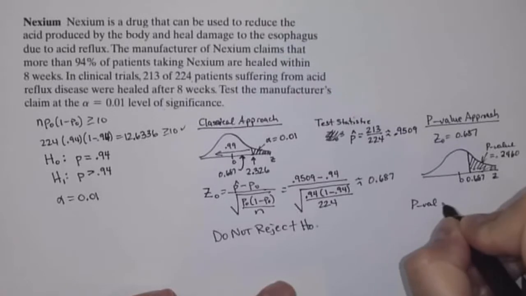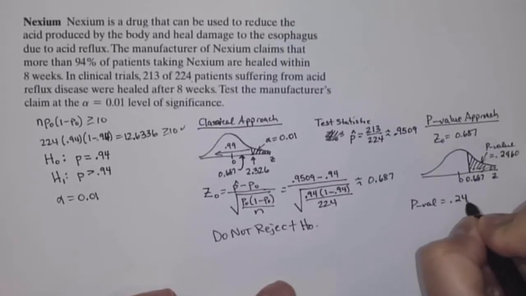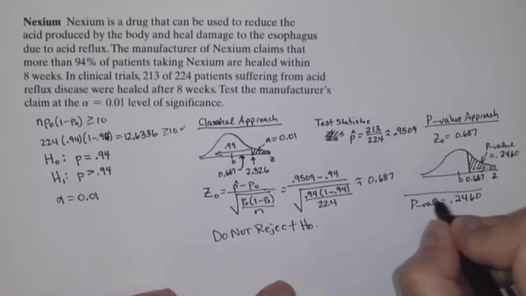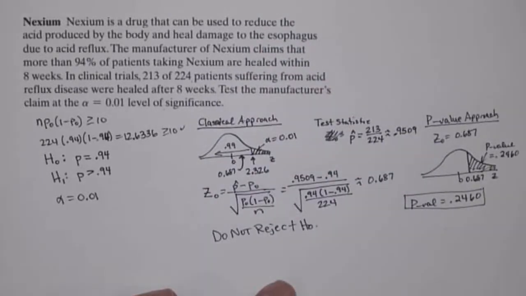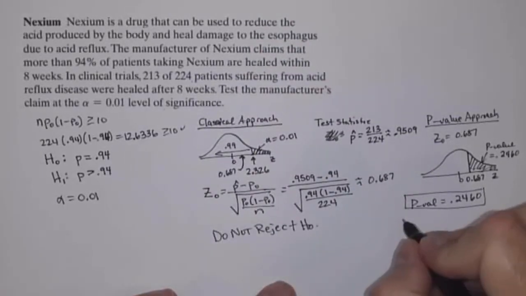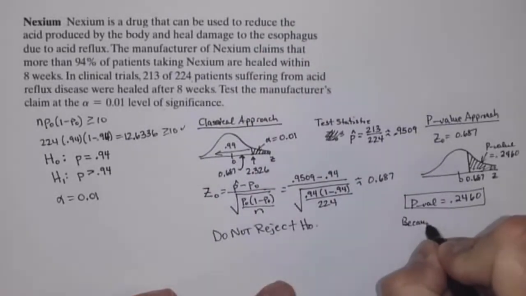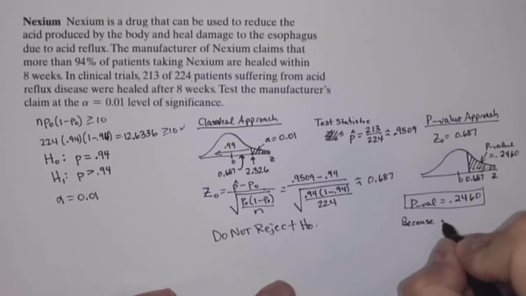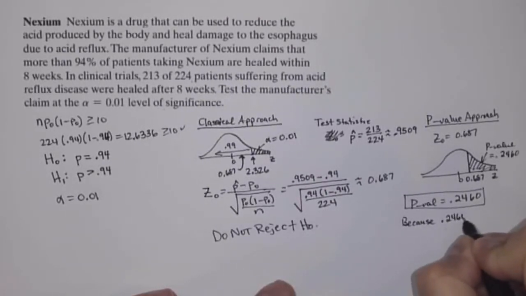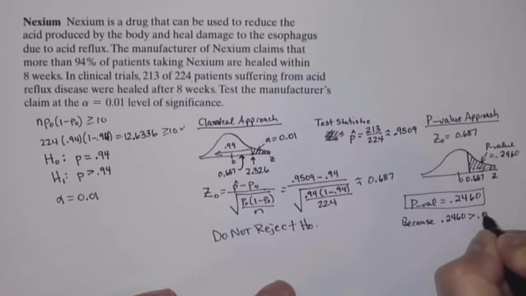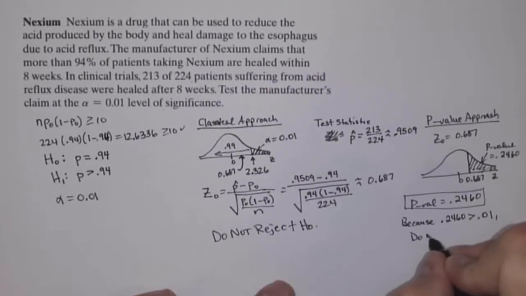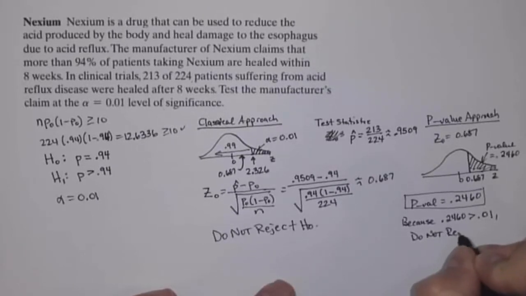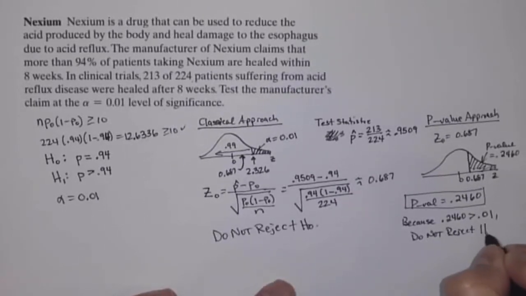So my p-value is 0.2460. Now, because my p-value, 0.2460, is bigger than 0.01, my level of significance, we do not reject the null hypothesis.